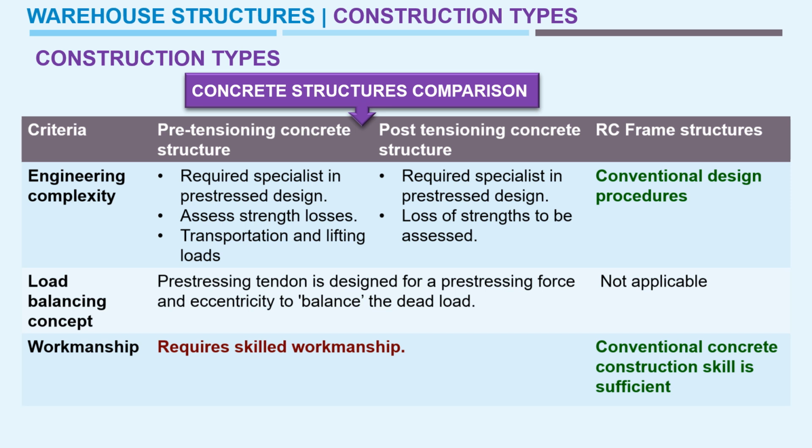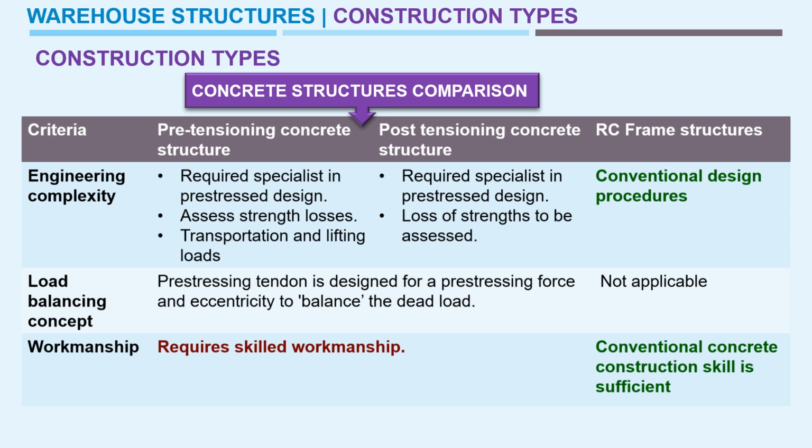Transportation and lifting: for this we need to provide information about where to fix the lifting lugs, and the center of gravity must be calculated while lifting and transporting, with the lifting points fixed exactly, so engineering complexity is there.